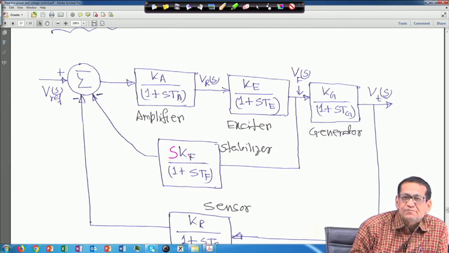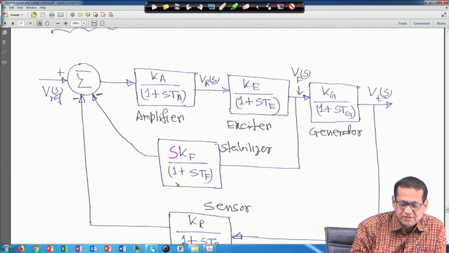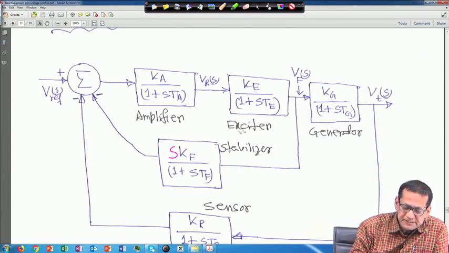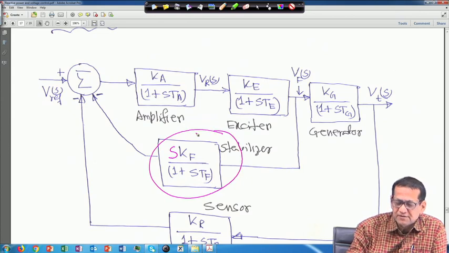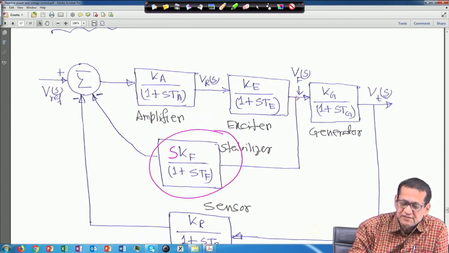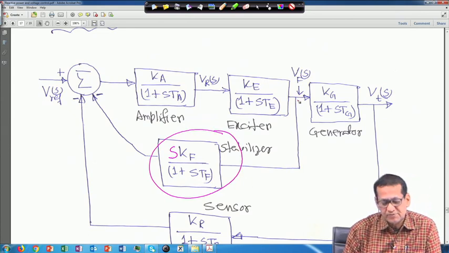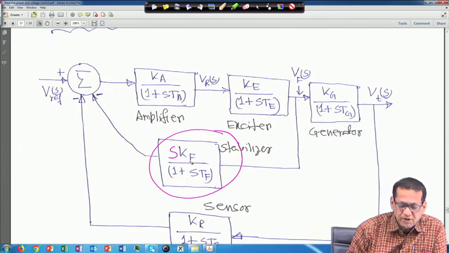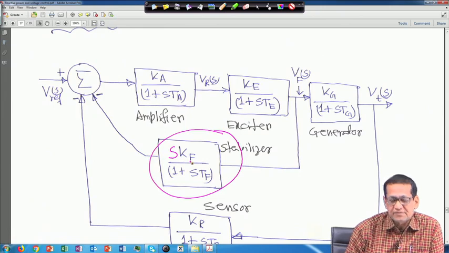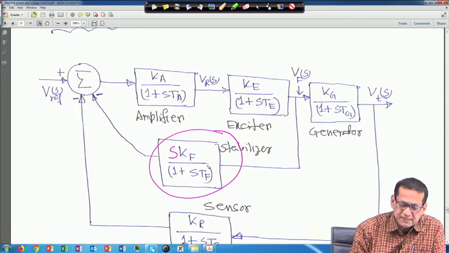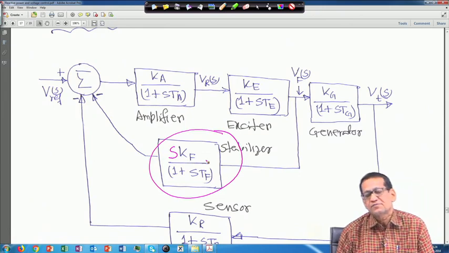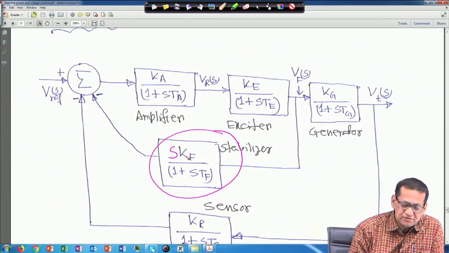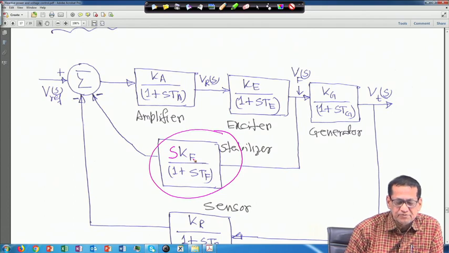When I was making it, I missed this S, so it should be corrected. There is one stabilizing transformer, and it is excited by the exciter voltage Vf. If you find this transfer function, it will be in this form: SKF upon 1 plus STF. I suggest you look in any book for the transfer function of the stabilizing transformer, and I have given it: SKF upon 1 plus STF.